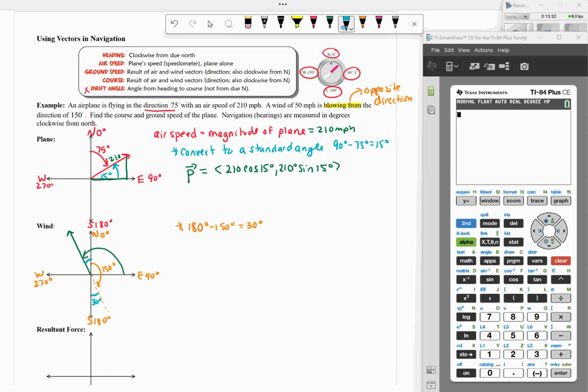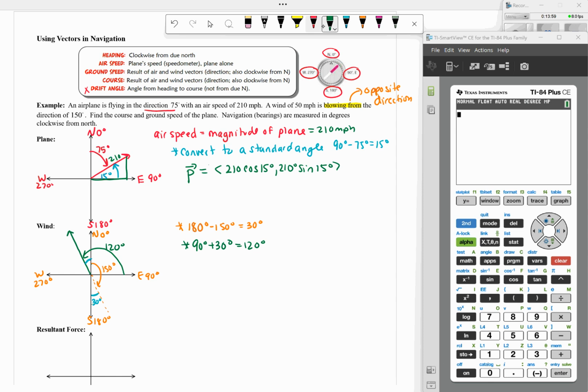So this measurement also is going to be 30 degrees. So we can take 90 plus 30 degrees, because remember the first quadrant from here to here is 90 degrees. So the standard angle would be 90 degrees plus 30 degrees, which of course is equal to 120 degrees.